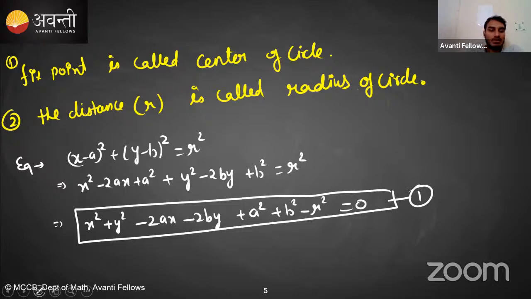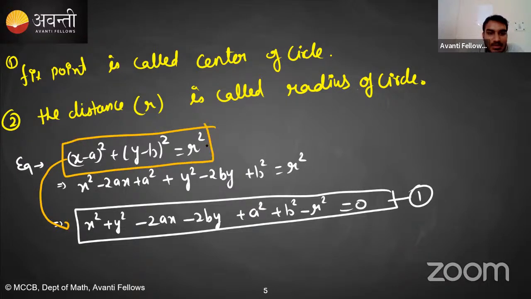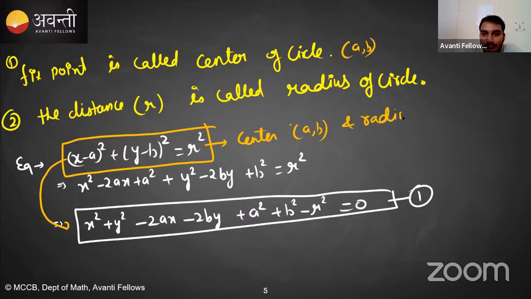Let's call this equation 1. So what I did is expand this equation and write it like this. If I'm given this equation, I can say straight away that the center is (a, b) and the radius is r.